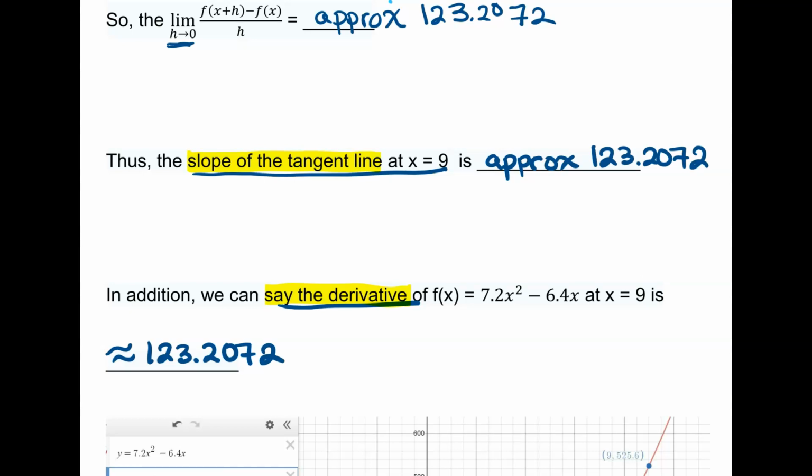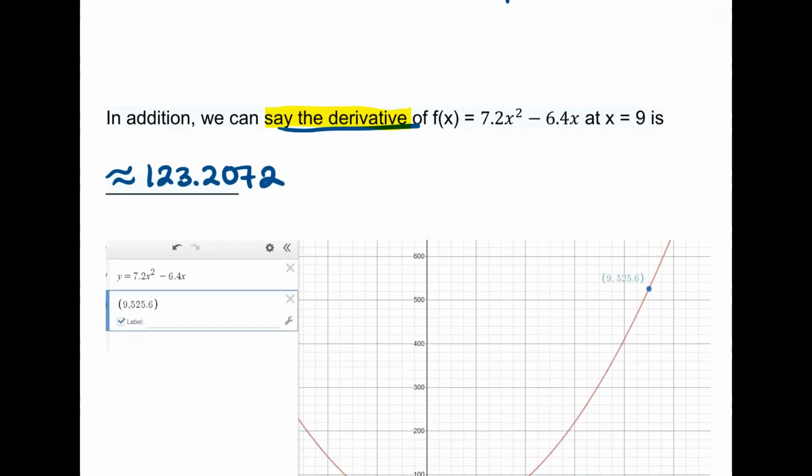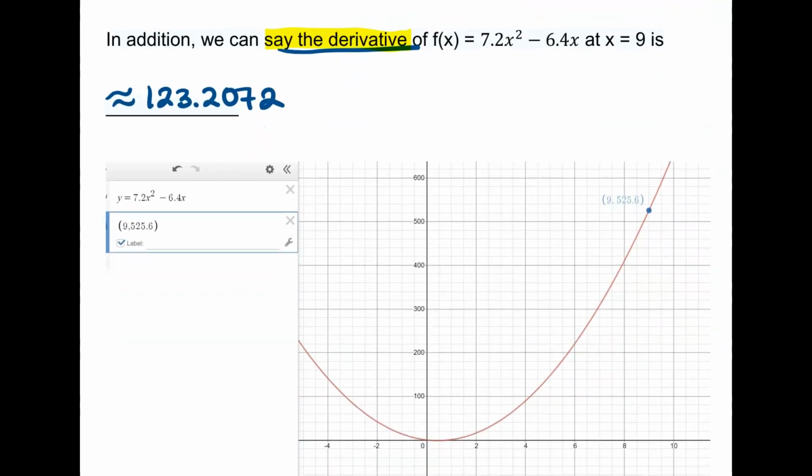Graphically, if you want an idea of what this is, graph that function, 7.2x squared, in Desmos and take a look at the picture. You're going to see something that looks like this parabola. If you put a tangent line at that point, where x is 9, and I'll just try to approximate this tangent line, I think it looks something like this.